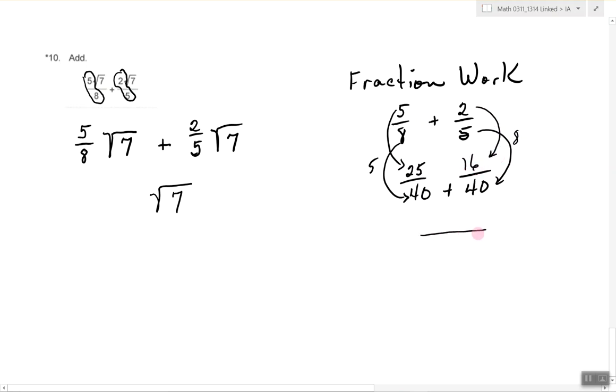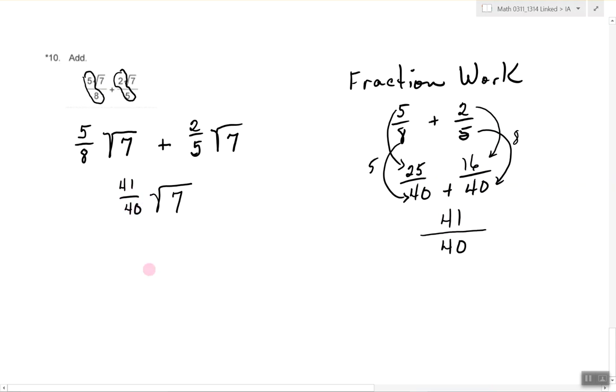I keep my common denominator of 40. Add 25 and 16 for 41. That means that there are 41 40ths, square root of 7.